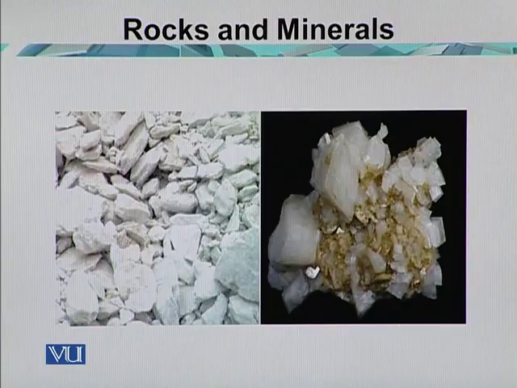One of the most common sedimentary rocks formed by chemical precipitation is limestone, composed largely of calcium carbonate or CaCO3. A closely related rock also formed by chemical precipitation is dolomite, composed of calcium magnesium carbonate.